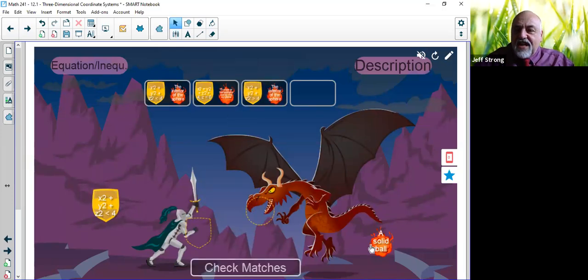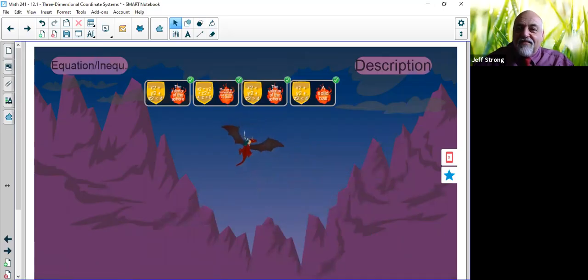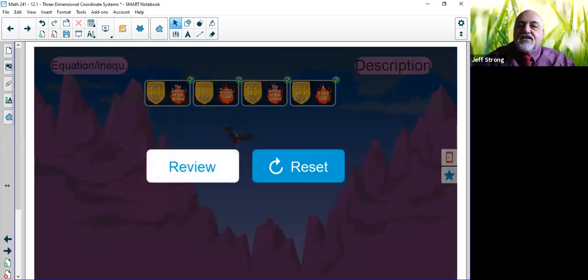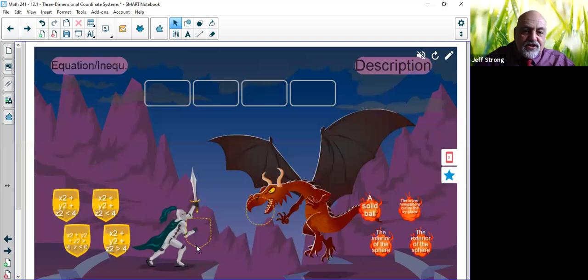Oh, okay, so this solid ball, that means it's got to be less than or equal to. So one of these should be or equal to. Let's just see if it's this one. All right, let's check our matches. See, we got them all right that time. Okay. So we need to reset. And then this last one should be or equal to. Let's see if I can switch that really fast.